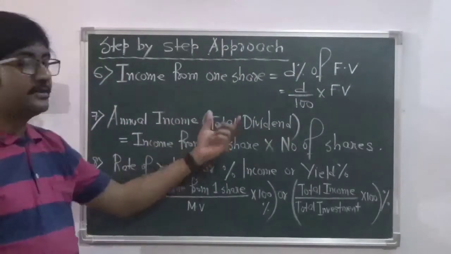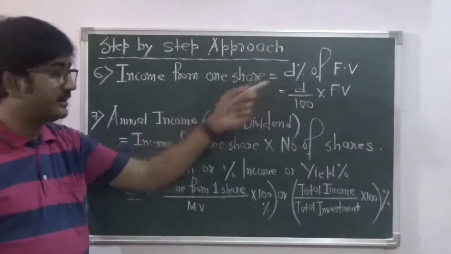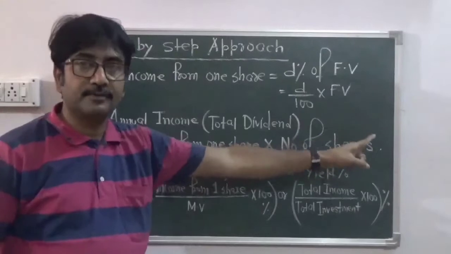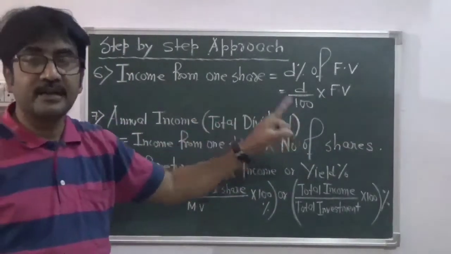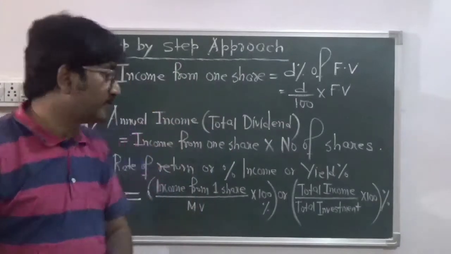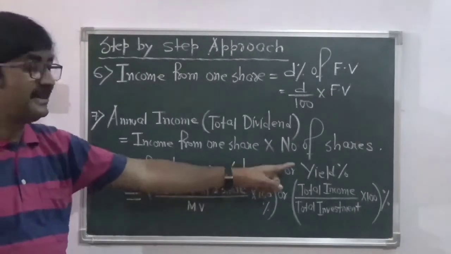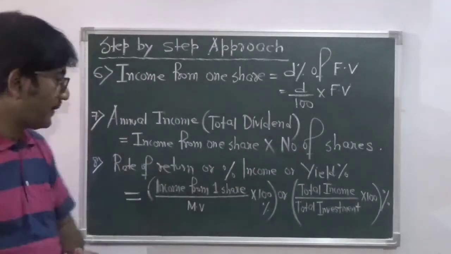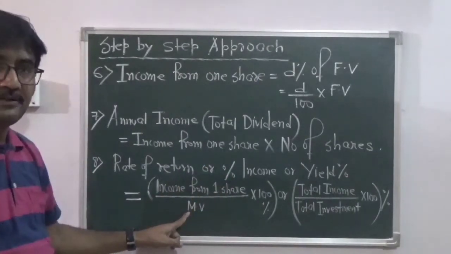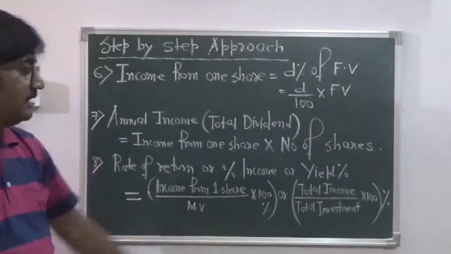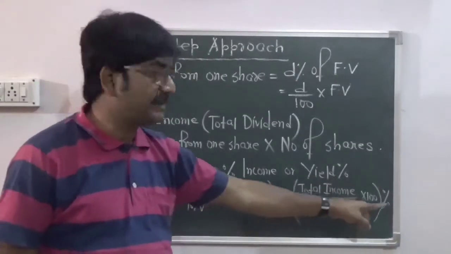Annual income or the total dividend is the income from one share that we have found here multiplied by the total number of shares, which gives you the annual income or the total dividend from your investment. Then the rate of return, or the percentage income, or the yield percentage, that is the profit percent, is income from one share by the market value into 100%, or total income by total investment into 100%.